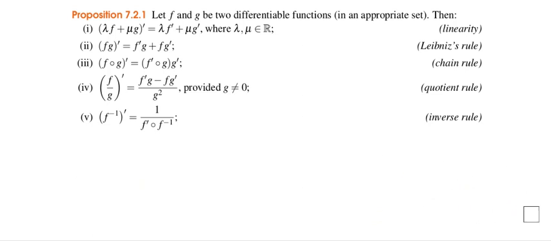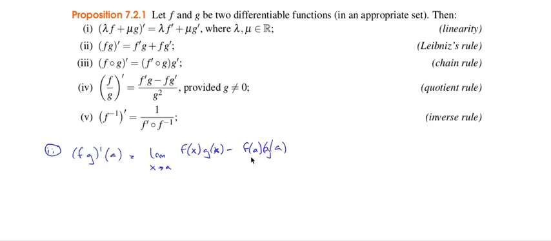Okay? Now the others are proved like this, okay? These proofs are all very similar, right? It's just applying the definition of the derivative and then doing some algebraic manipulations, okay? The derivative of this function f times g at a is just the limit when x goes to a of f(x) g(x) minus f(a) g(a), divided by x minus a.